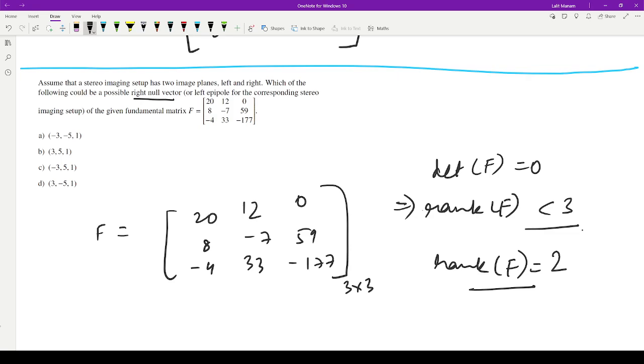Just from linear algebra, there is nothing specific about the fundamental matrix here. Given a matrix F or any matrix A, if A into V is 0 for V not equal to 0, that means V is the right null vector.